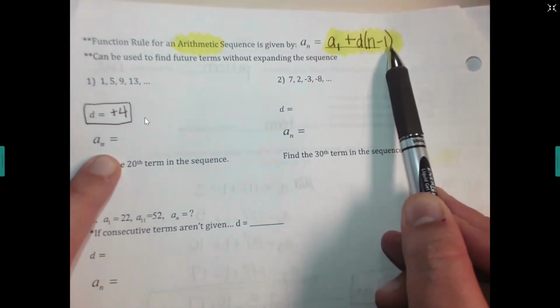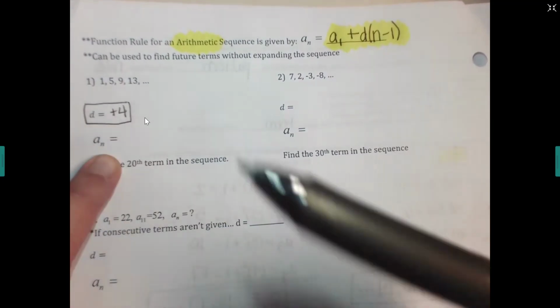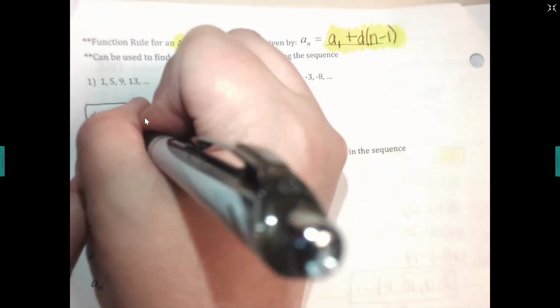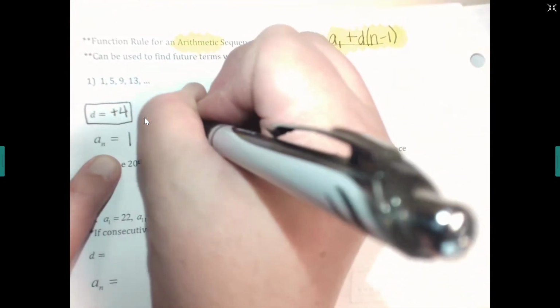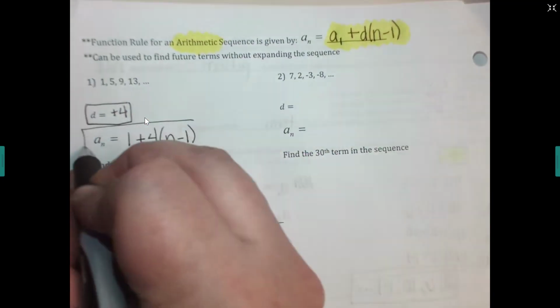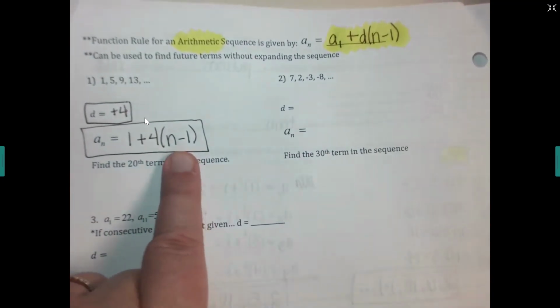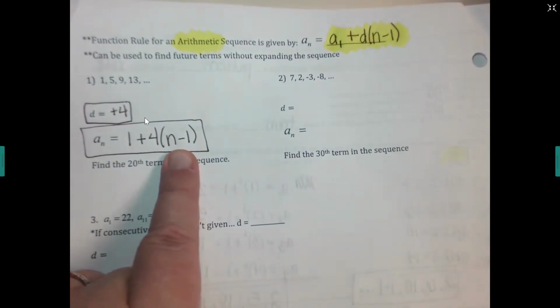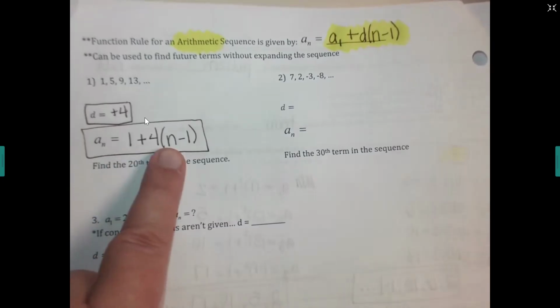What is the first term in my sequence? 1. And then I'm going to add 4 each time, but not the first time. I want you to think about why that n minus 1 is there. The n minus 1 is there so that for the very first number, you haven't added the 4 yet. So the first number stays a 1, and then after that, I'll add 4 each time.